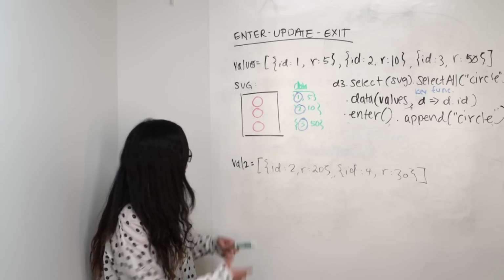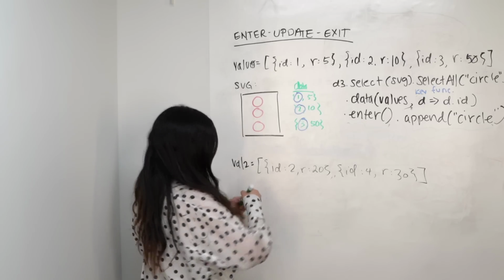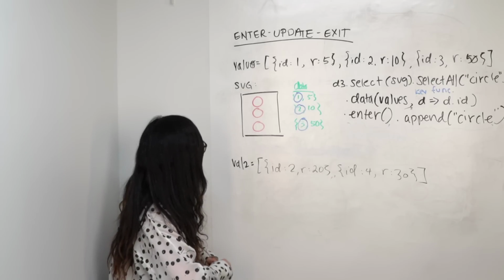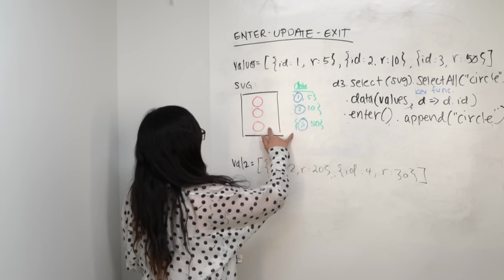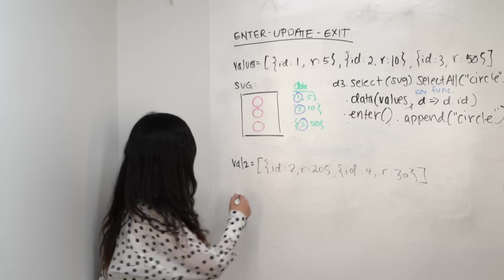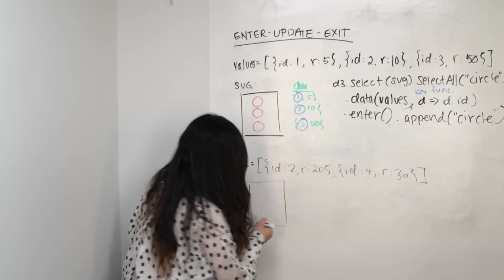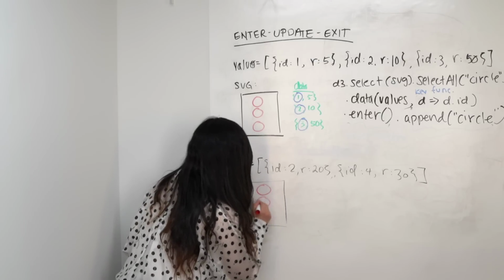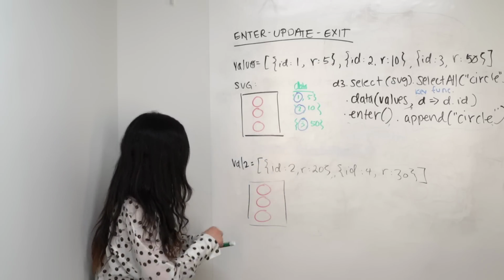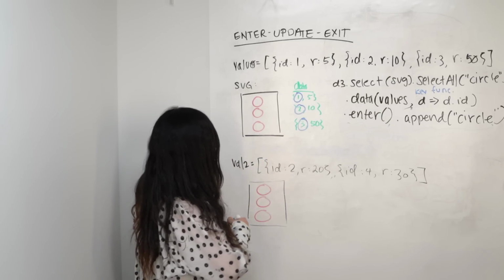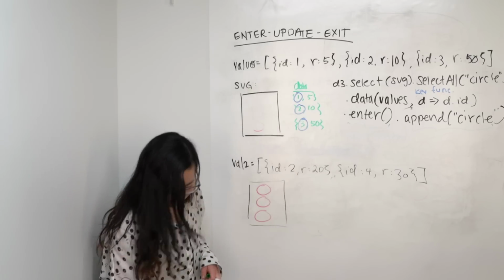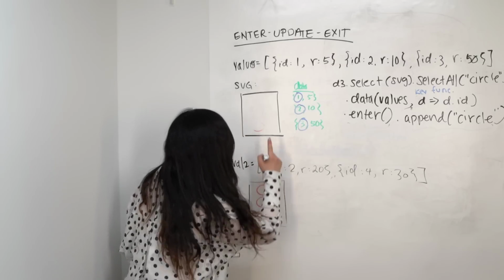I'm trying to decide how I want to go about this. I'll draw a new one. We now have 3 circles, and I'm only going to draw the ID.